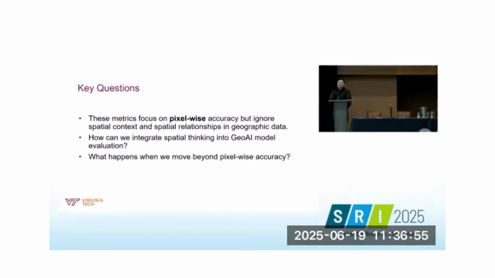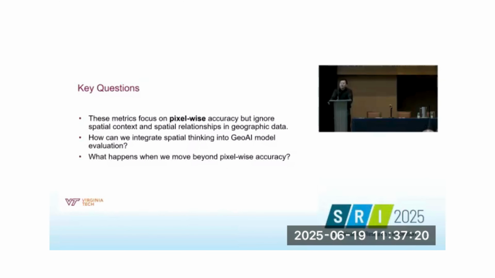After looking at this, one thing that drew my attention is that all these metrics only focus on pixel-wise accuracy, or accuracy based on true or false if we are thinking about classification problems, but ignore the spatial context and the spatial relationship in the geographic data, right?